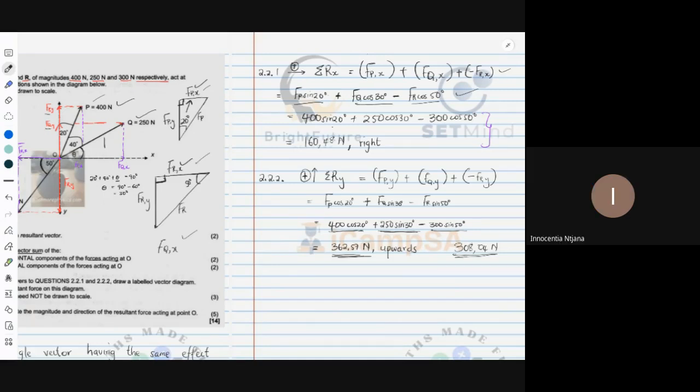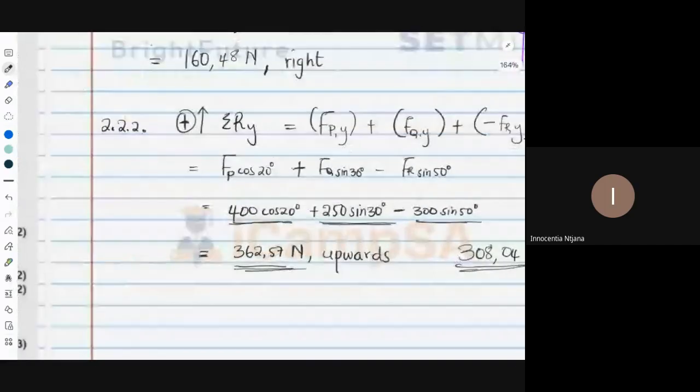When I press the calculator, it gave me 271.06 newtons. Yeah, that's the right one. That's what I get now as well. I don't know why I changed from sine to cos here. That was a weird mistake. All right, so 271.06 newtons upwards. Yes.